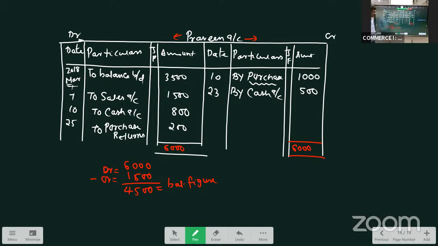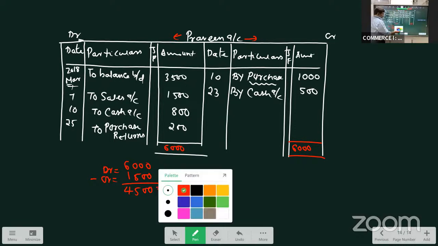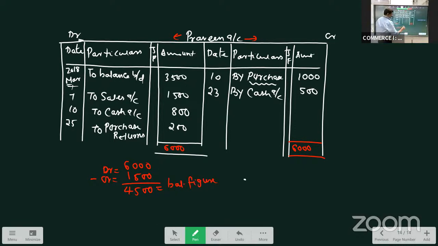How much discount? 10%. What is the balancing figure? 4,500. So how much would the discount amount be? Discount is equal to 4,500 into 10 by 100. That is 450. This discount we have to deduct from the balancing figure.